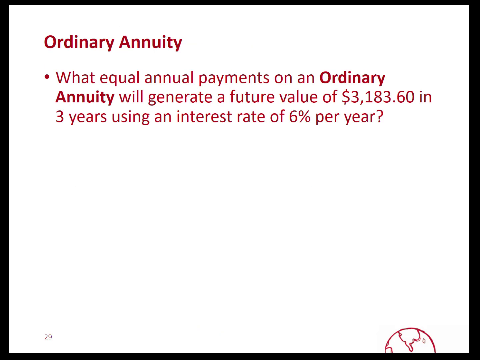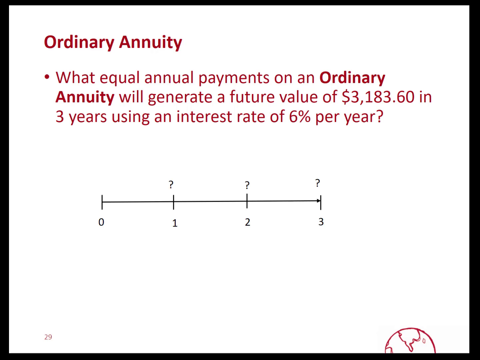Now let's look at a future value of an ordinary annuity where we want to generate a value in the future of $3,183.60. Okay, this is the same one we've been using, so I can go over it relatively quickly.